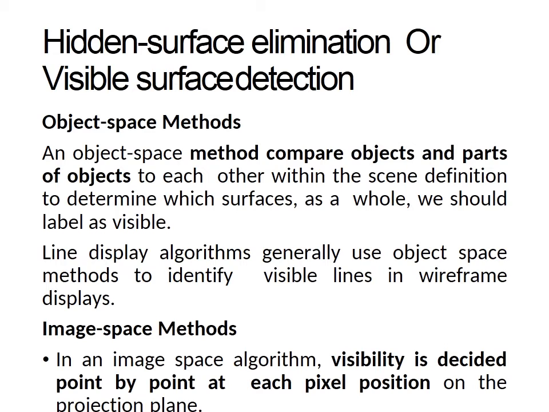So the object closest to the viewer that is pierced by a projector through a pixel is determined. That pixel is drawn in the appropriate color. These methods are also called visible surface determination or detection. The implementation of these methods on a computer requires a lot of processing time and processing power of the computer.